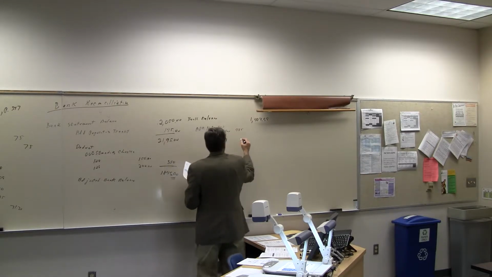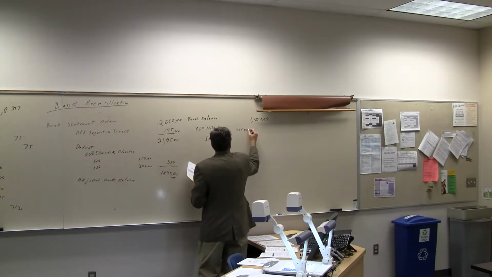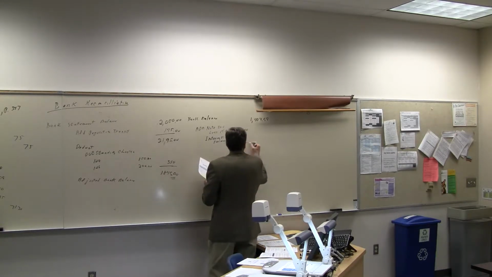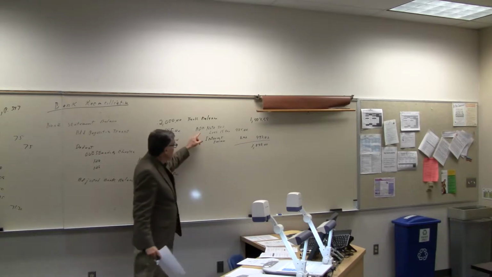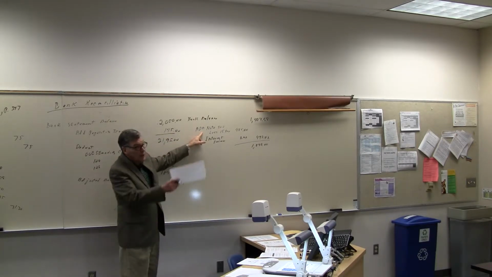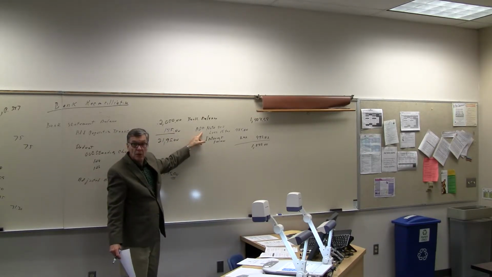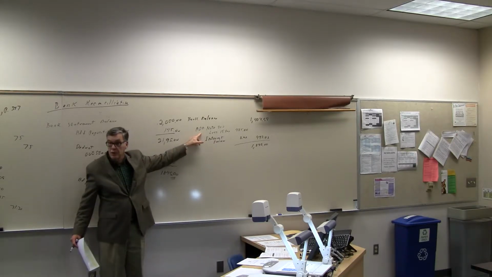And remember, the interest earned was $8.42. Add those 2 together, and the total increases are $493.42. That gives you a subtotal of $1,898.00. And again, both of these things were on the bank statement. They were not in your check register. Now you have to adjust your check register balance for those things. Does that make sense?